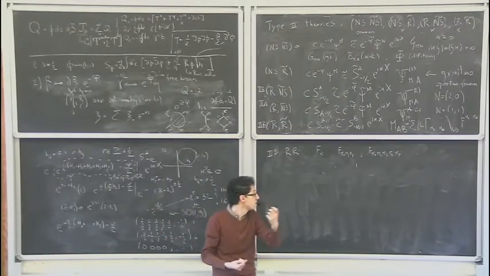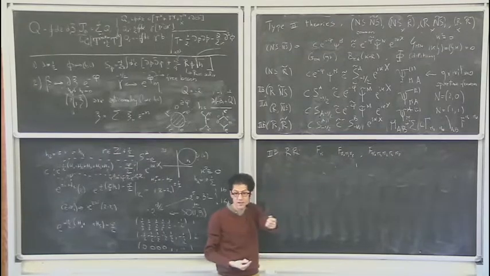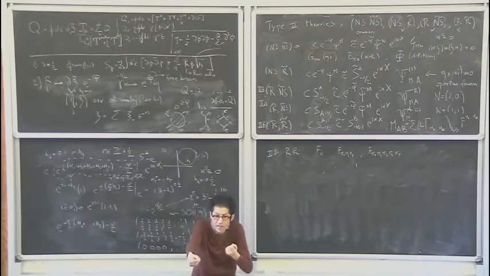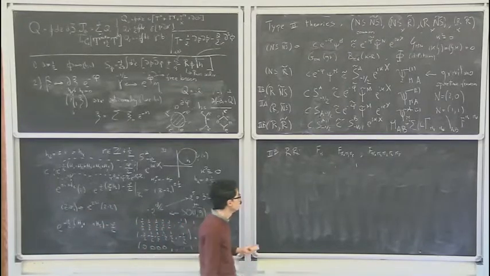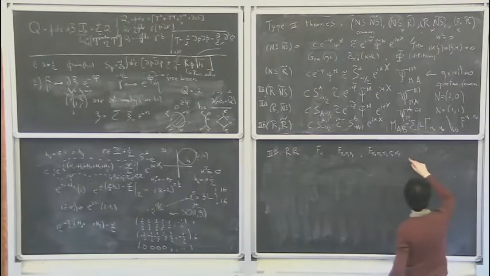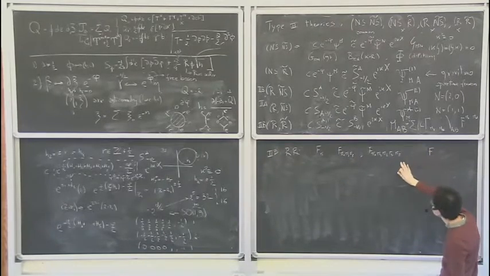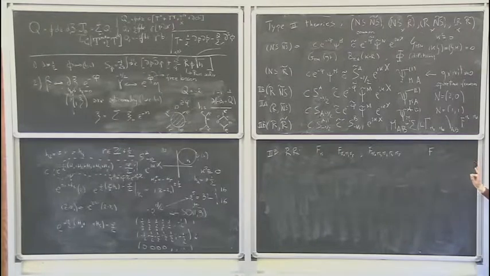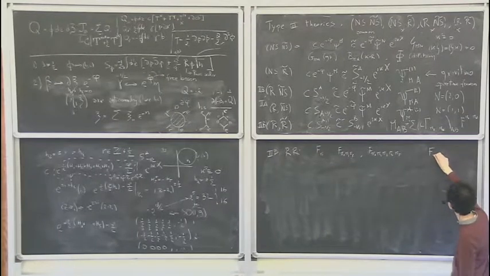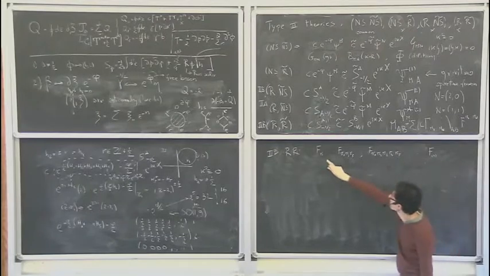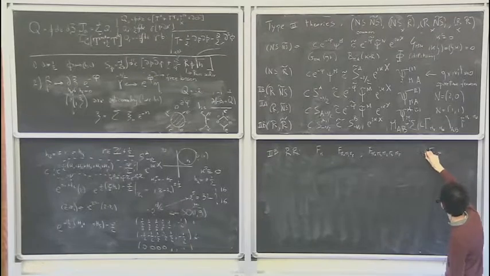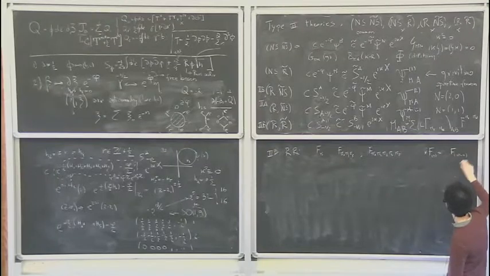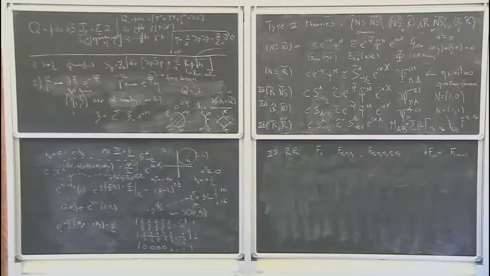If you put m equals 0, it's taking away m equals 0 and giving you all the others: 1, 2, 3, 4, 5, 6, 7, 8, 9. So the condition on this field, and it's a bit subtle if you want to keep track of the signs, I will not do it, is that Fn, where n is the degree of this antisymmetric tensor, is the Hodge dual of F10 minus n. And there are signs here.